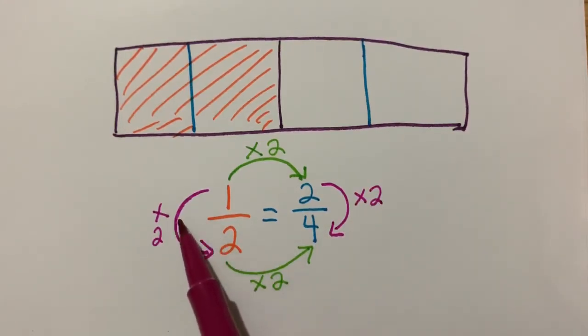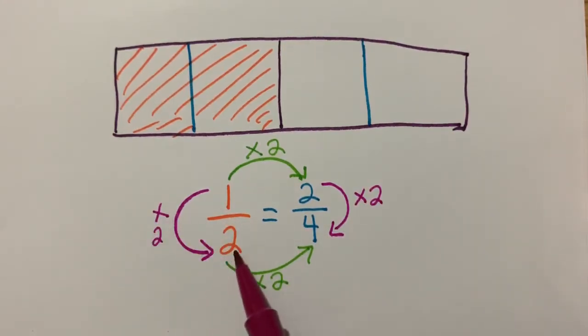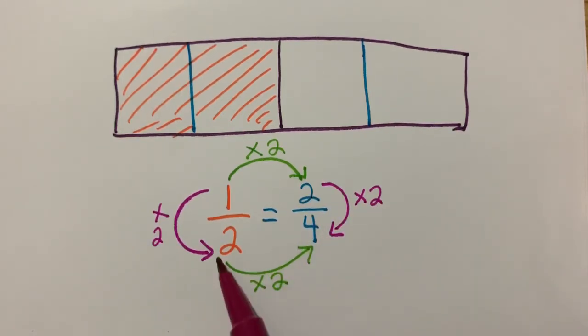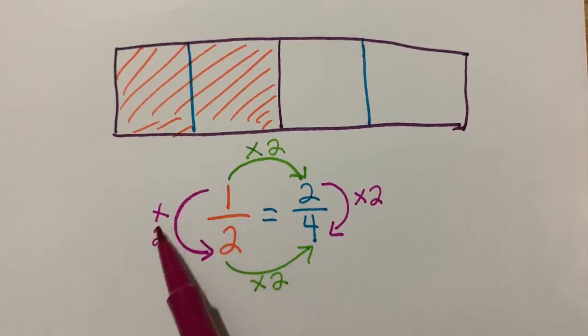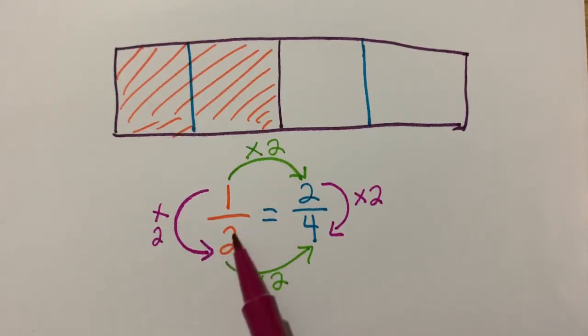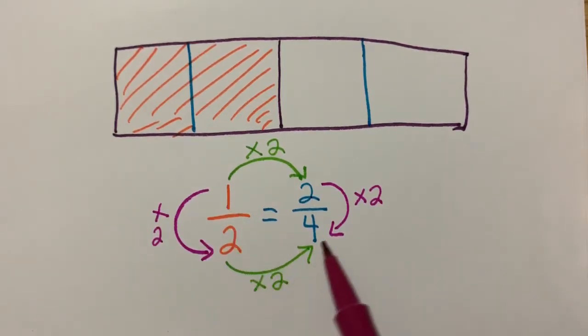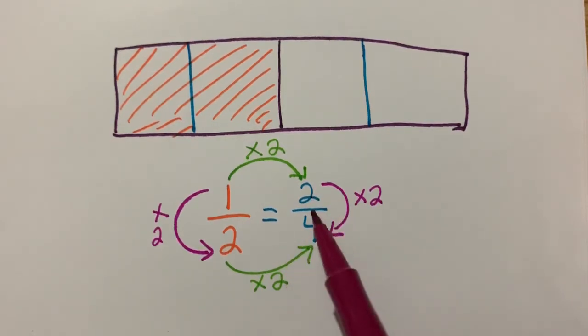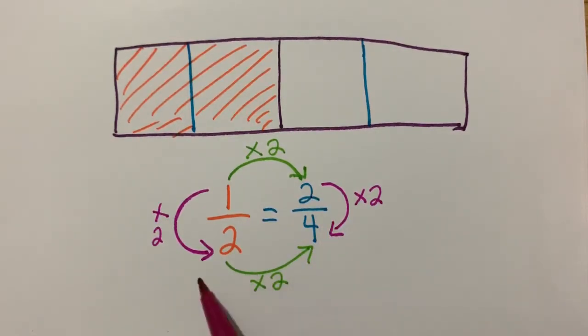Again, 1 times 2 gives me 2, and 2 times 2 gives me 4. And you could even go backwards. If we were to go backwards the other way, it would not be multiplication, but you would be dividing by 2 to get to 1, or dividing 4 by 2 to get to 2. So either way, the relationship would make both of these fractions equivalent.